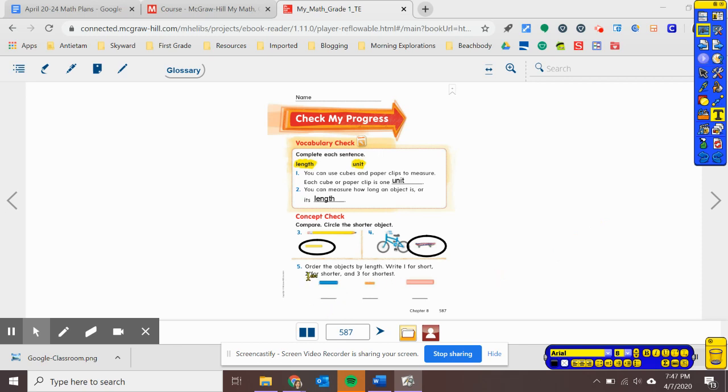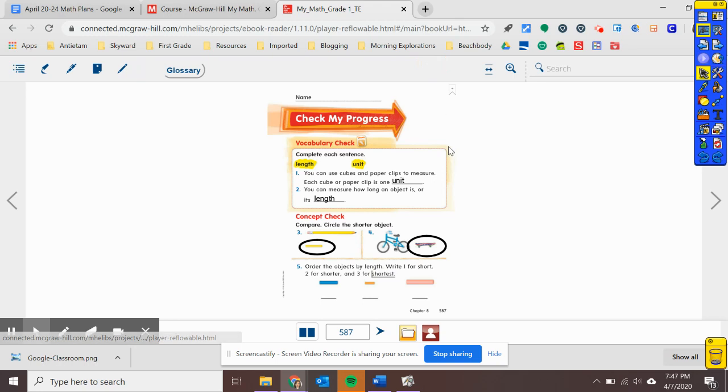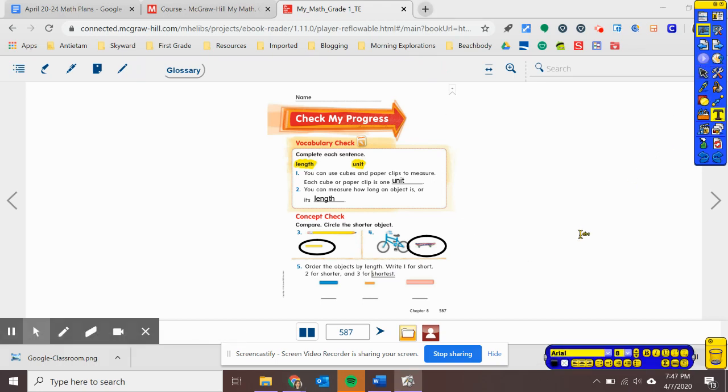Coming down here to number five, we're going to order the objects by length. So we're going to write one for short, two for shorter, and three for shortest. So what I want you to look at is that this last word says shortest. So we're going to start and actually label them from longest to shortest. So which one is longest?